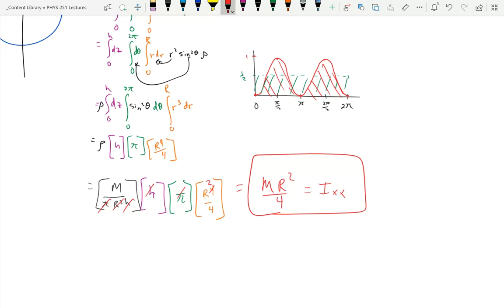What if rho, which is density, was a function of, let's say, the radius? How would your solution be different? It would, because rho would not be a constant anymore.